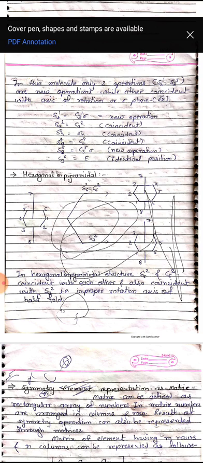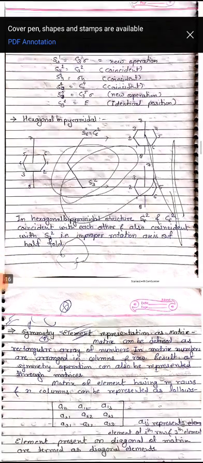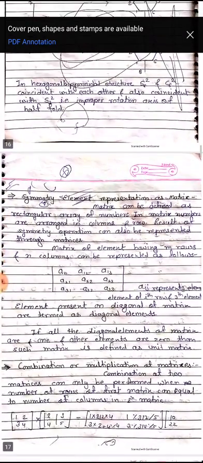S62 and C62 coincide with each other and are also coincident with S32, that is, an improper rotation axis of half fold.